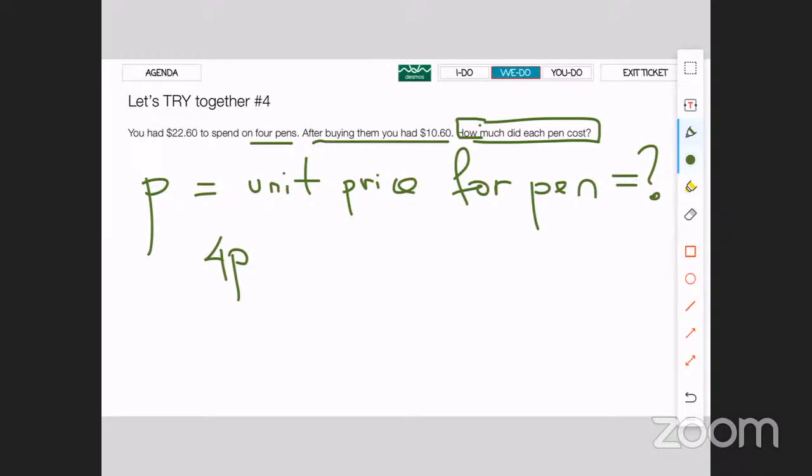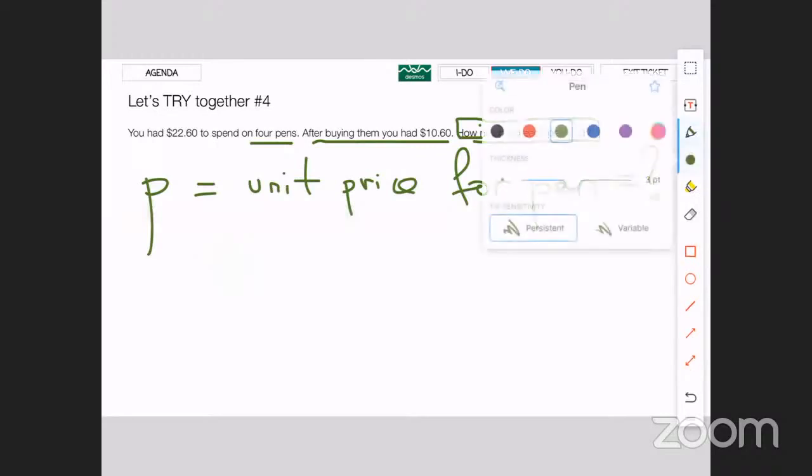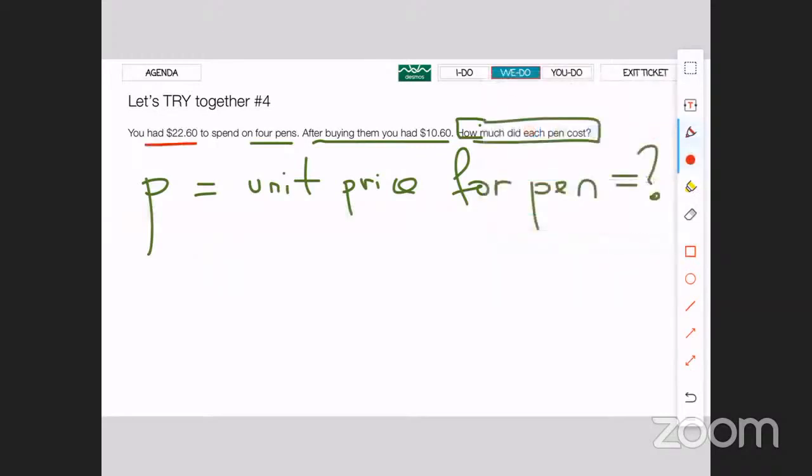Let me start over, it's a bit confusing. Let's go step by step. It says you had $22.60, so 22.60, and you spent, so you're subtracting 4P. And after buying them, the remaining balance is 10.60.